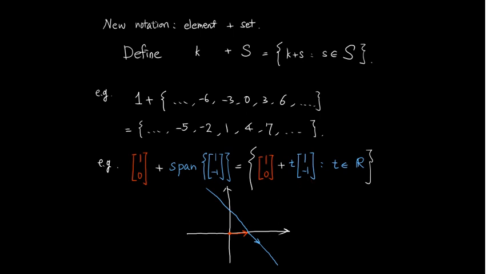In this case, I have the vector plus a multiple of this direction. And you know this is the formula of a straight line. You have to go to this 1, 0 vector, and then you go in this direction, 1 minus 1. As a consequence, this set is composed of all the vectors on this blue straight line.